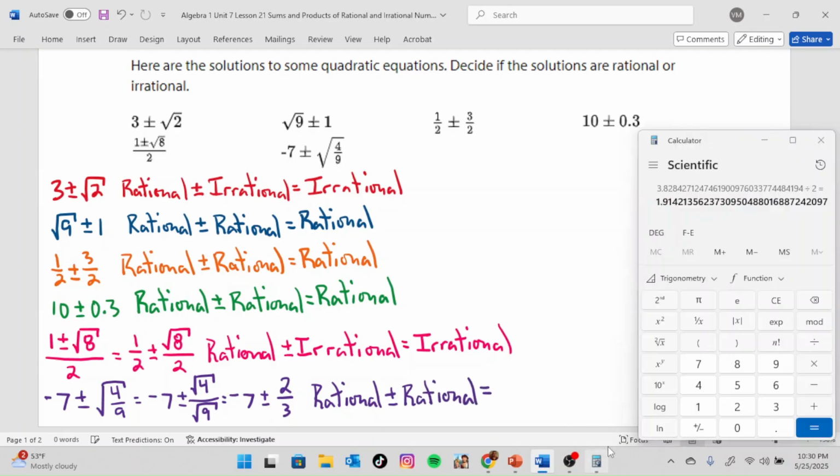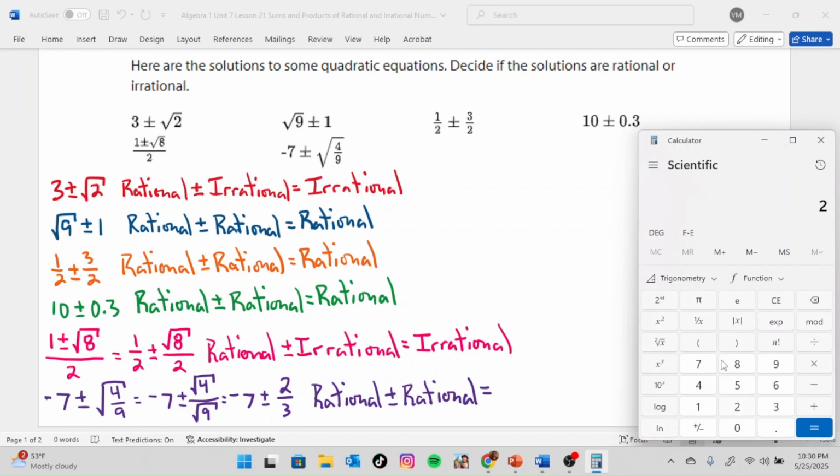And if we tried to put it in a calculator, we could say 2 divided by 3 plus -7 equals -6, but notice that the 3 repeats itself. That is -6 1/3.